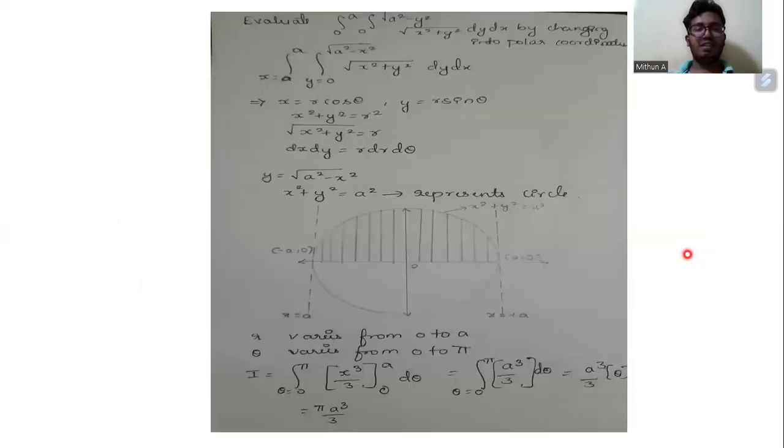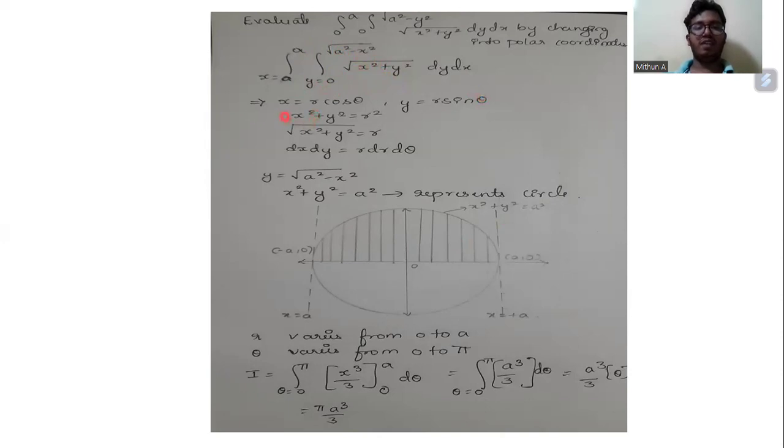So here is an example of changing a given integral into polar coordinates. Here we have the integral from x = 0 to a, and y from 0 to root of a square minus x square, of root of x square plus y square dy dx.